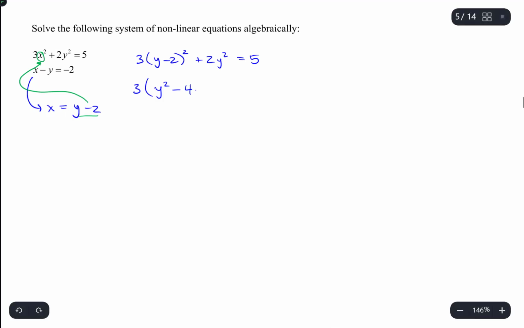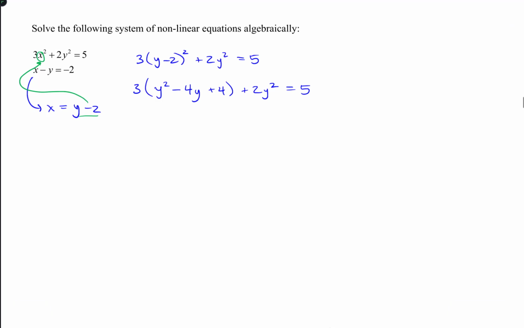So this would be minus 4y. And then you square the second. It's very tempting for students just to write y squared plus 4, but you can easily show through FOIL that that doesn't work out. You always have this middle term. Anyway, then plus 2y squared equals 5.